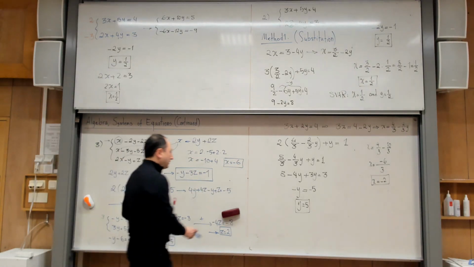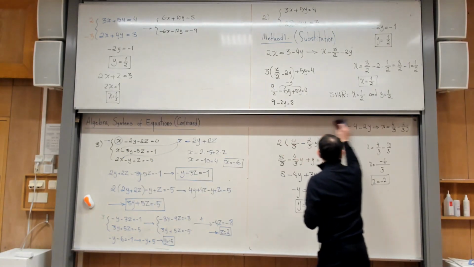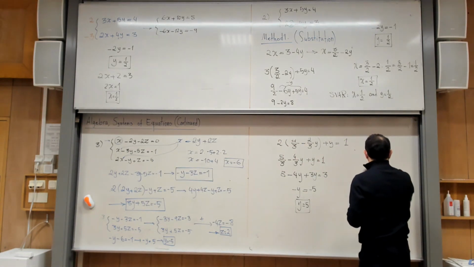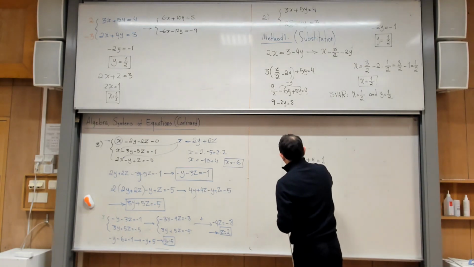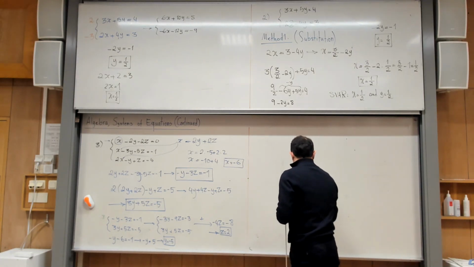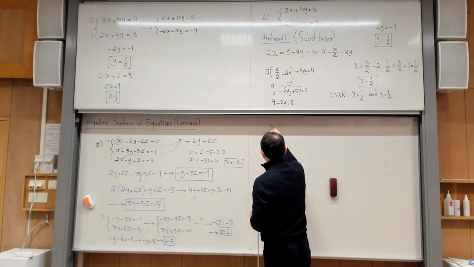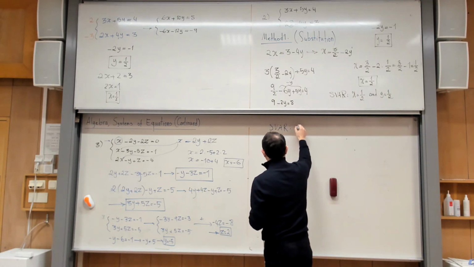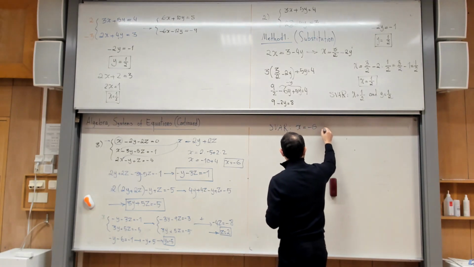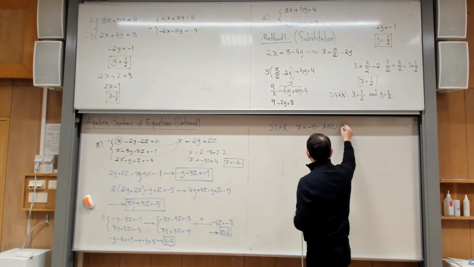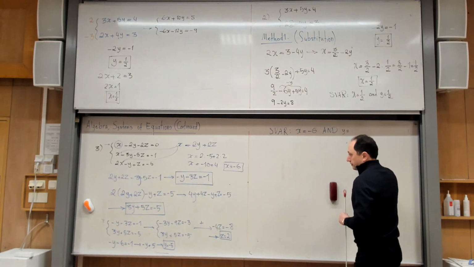And then what you have to provide as the answer is not a pair of numbers, it is a triple of numbers, yes? So the answer will be this. X is equal to minus 6 and y is equal to, what was that?